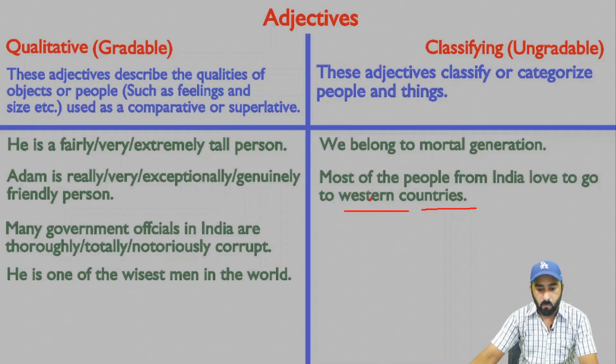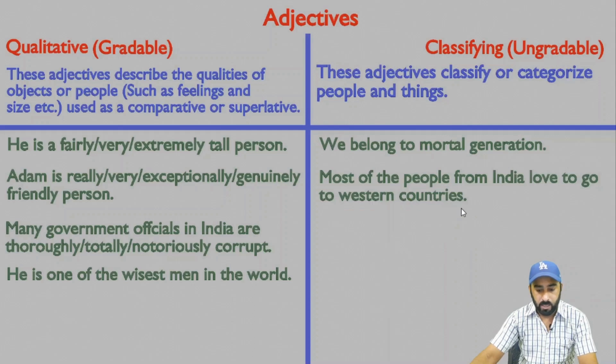So Western here is a classifying or ungradable adjective. We cannot say most of the people love to go to very Western, extremely Western, or fairly Western countries. It would be quite nonsensical and quite strange. It will sound strange. So we cannot use submodifiers with classifying adjectives.